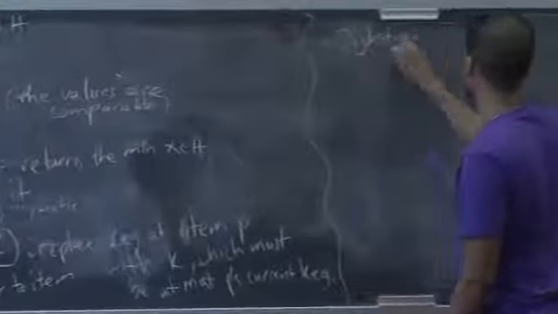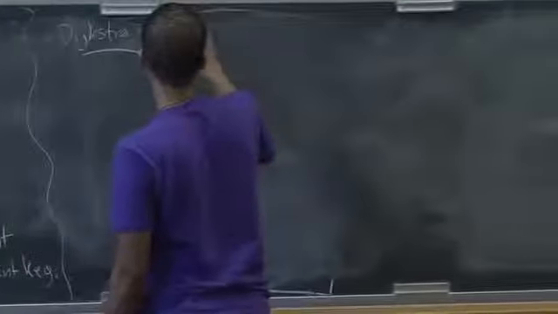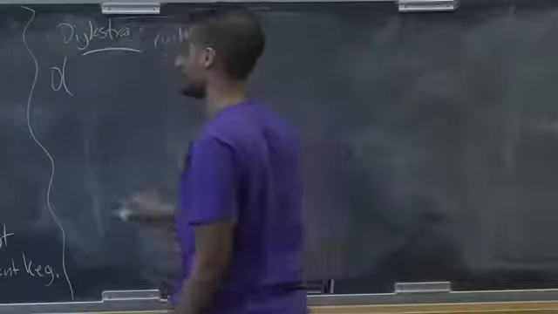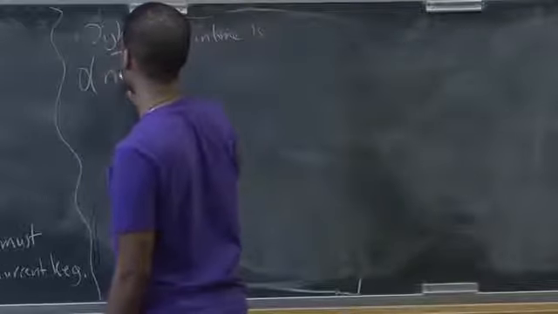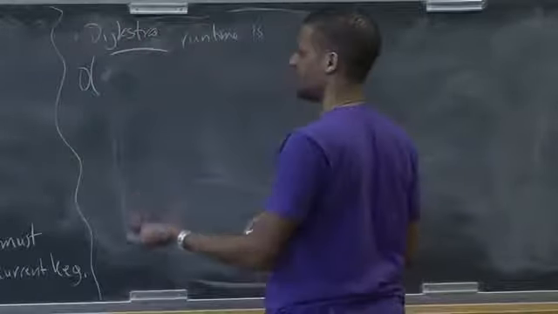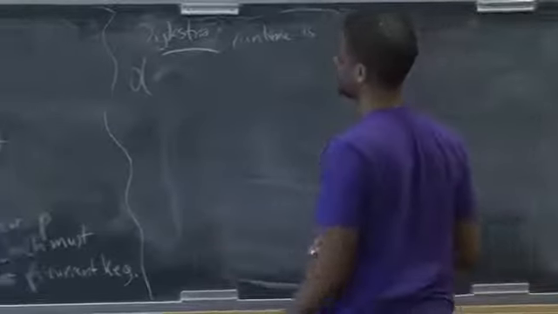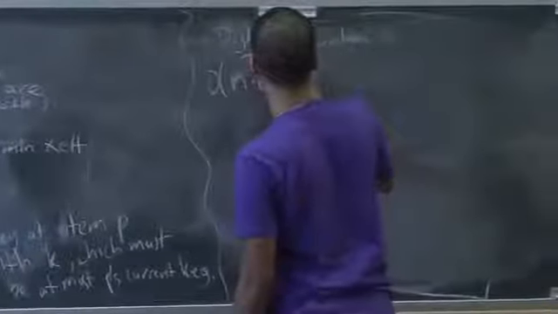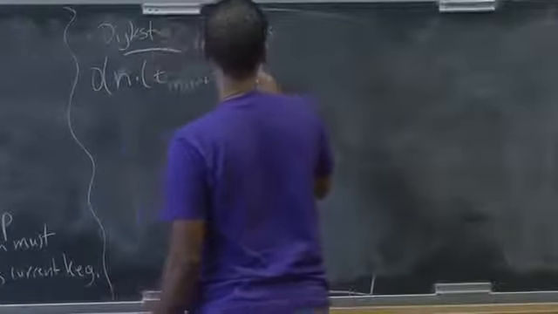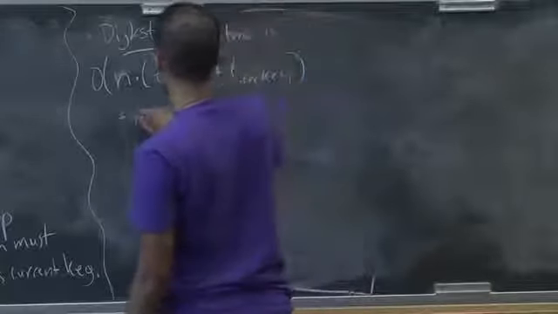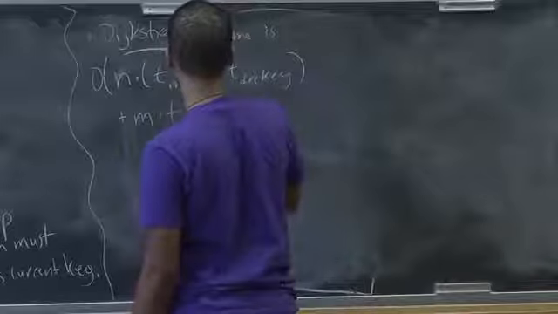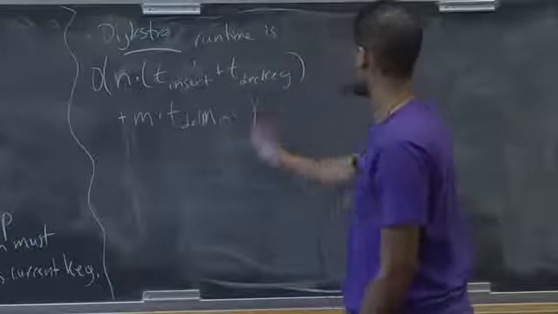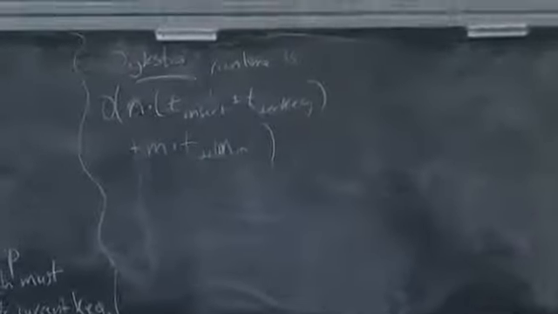Single pair shortest paths with non-negative edge weights. The runtime, I mentioned this last time, is O of n times time to insert, plus time to decrease key, plus m times time to do a delete min, where n is the number of vertices and m is the number of edges.